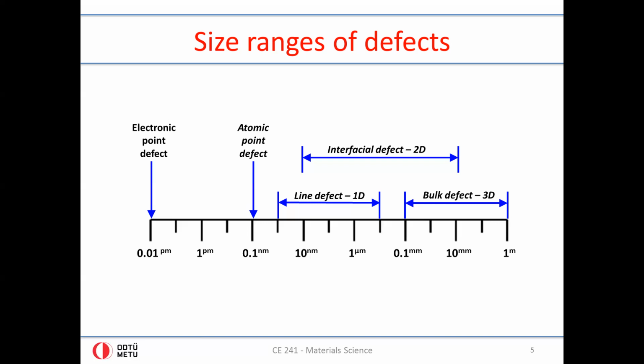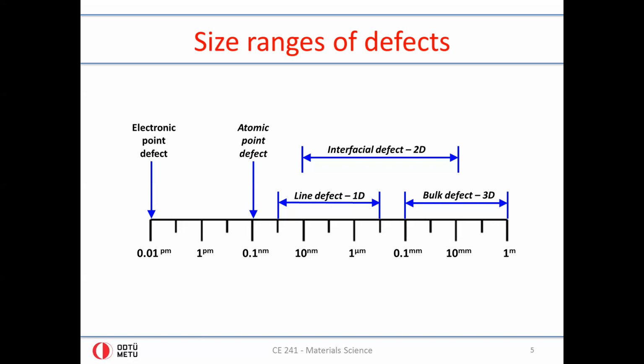If you have a bulk defect, meaning a 3-dimensional defect, you must obviously be related with more than 1 atom, and these can have sizes of up to centimeters or meters. So bulk defects, you might imagine you'd be able to see with your eyes, some of them at least.